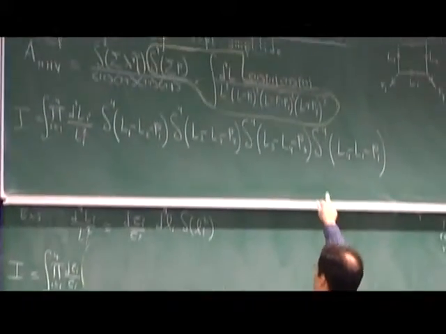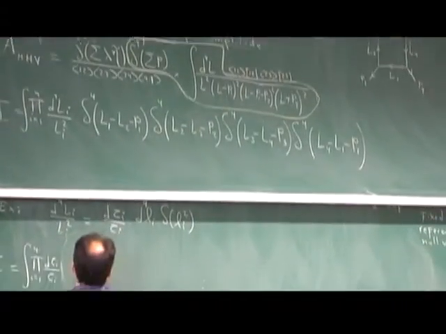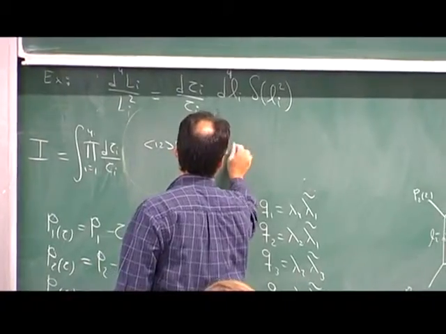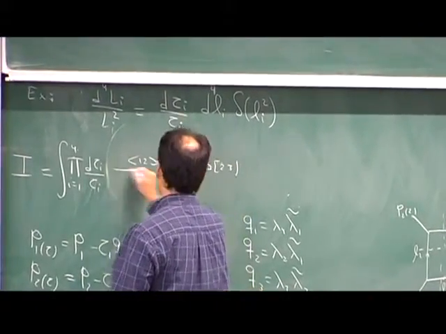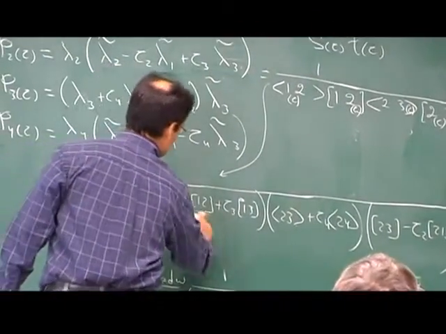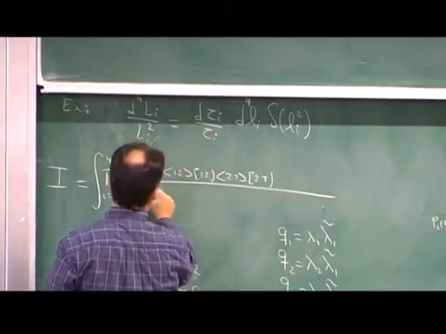And if on top of that, I remember that I have this factor in the numerator, 1, 2, 1, 2, 2, 3, 2, 3. Now I factor out these guys. I'm going to factor this, this, this, and this. I get exactly this, right?